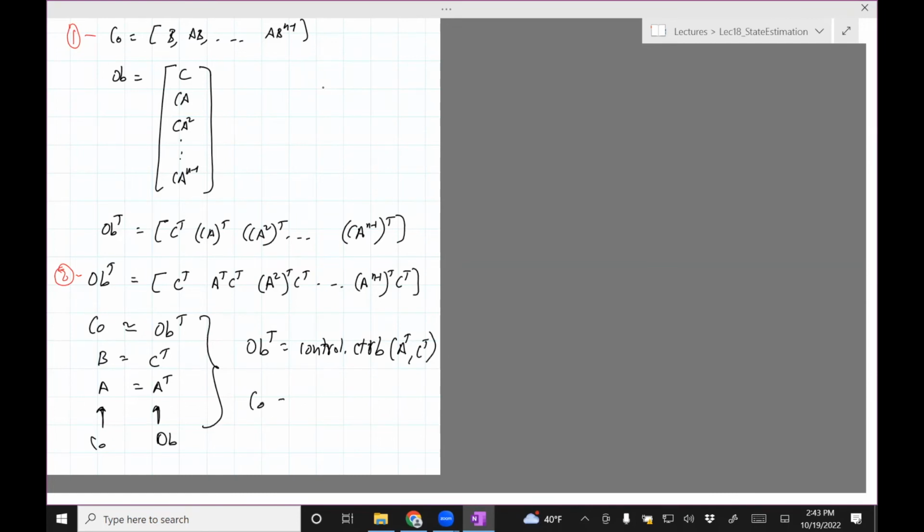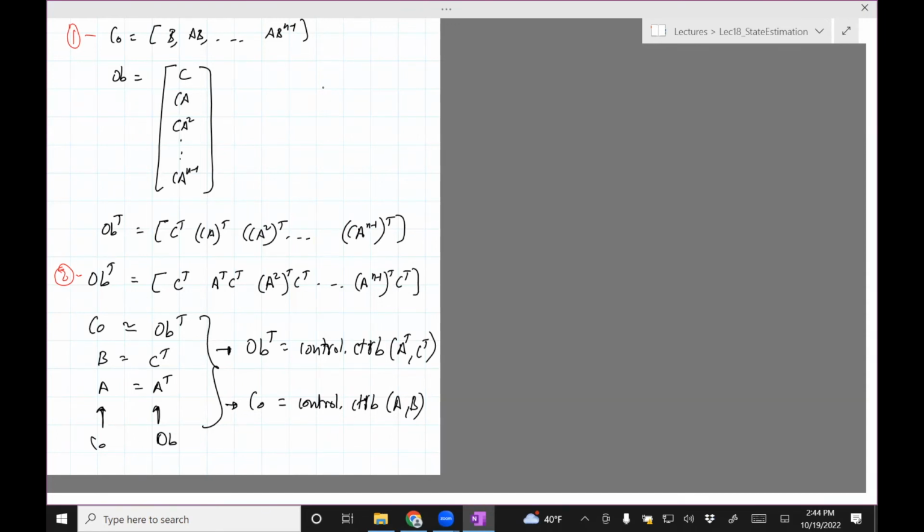Normally we did control.ctrb of A comma B. But since A is A transpose and B is C transpose, you can do that. So these expressions are the same. And then you can check the rank of OB transpose and you get the rank.